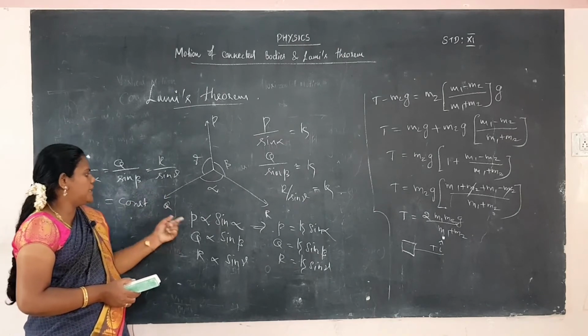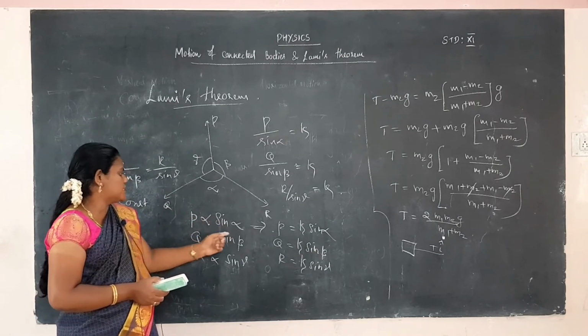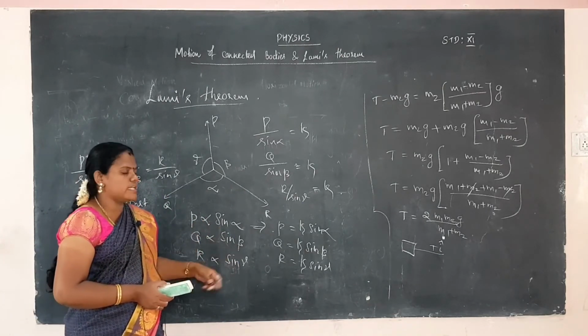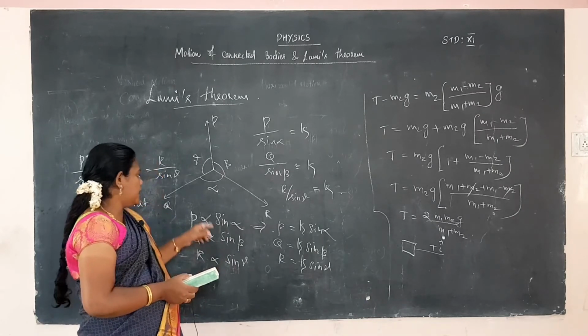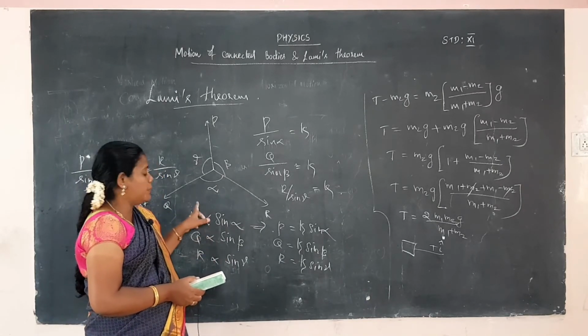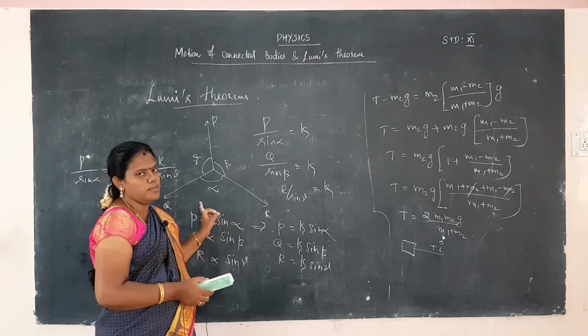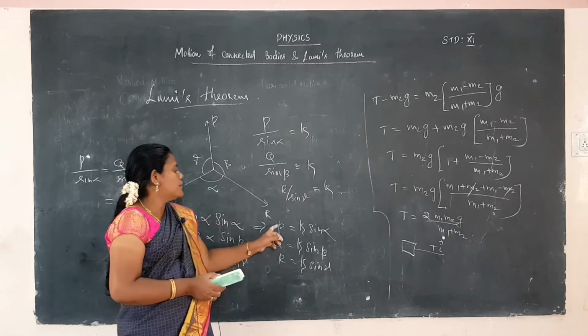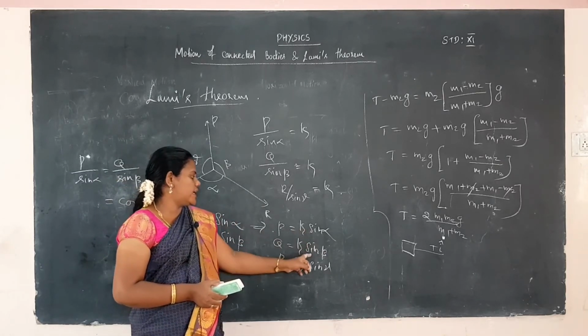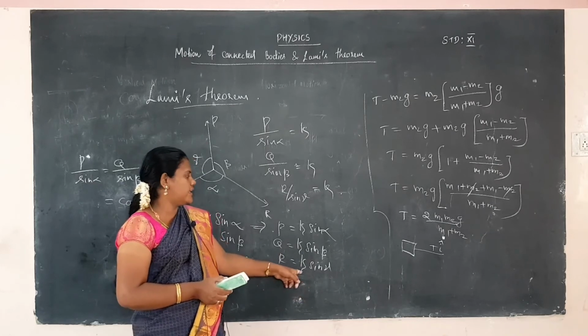Lami's theorem: P is proportional to sine alpha, Q is proportional to sine beta, and R is proportional to sine gamma. We put a constant to remove the proportionality: P is equal to K sine alpha, Q is equal to K sine beta, R is equal to K sine gamma.